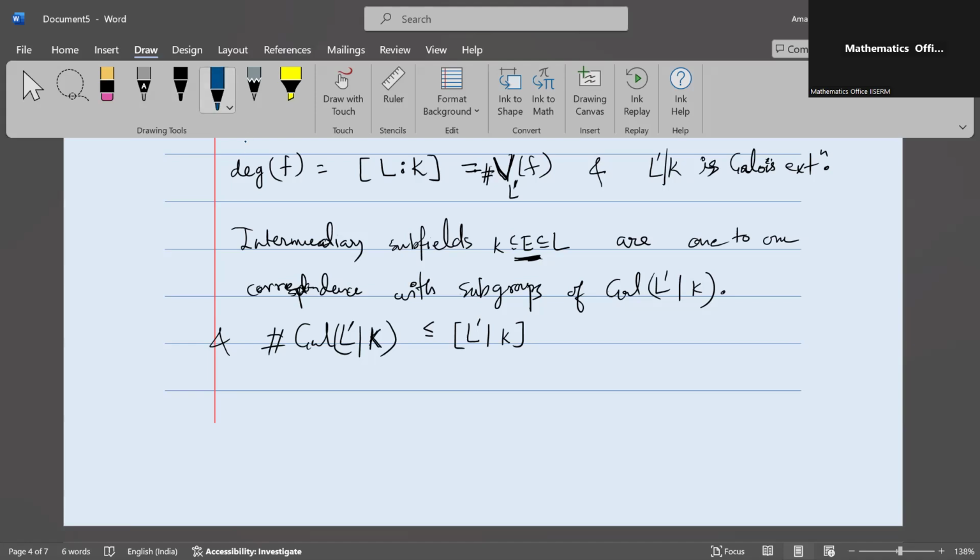This is not currently required, but we'll see. We want those subgroups. Here it was L prime.